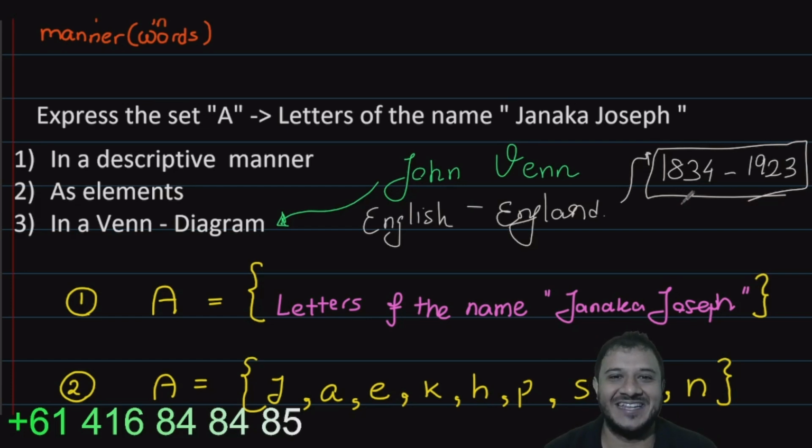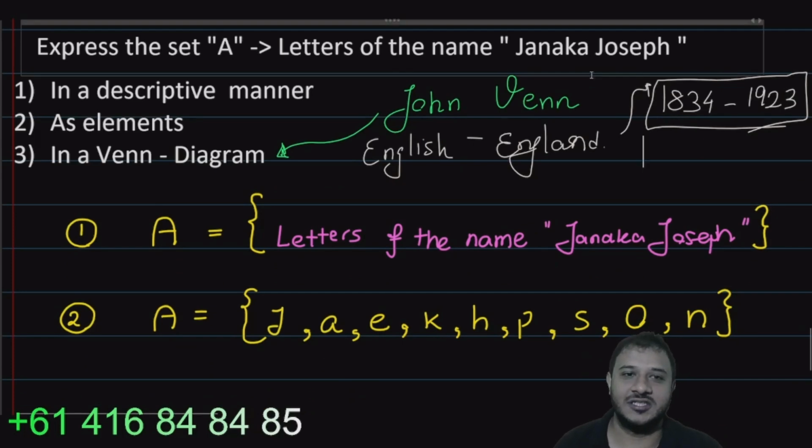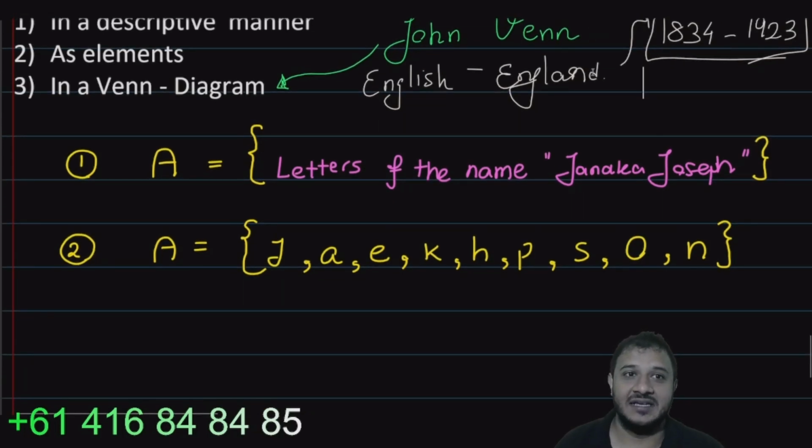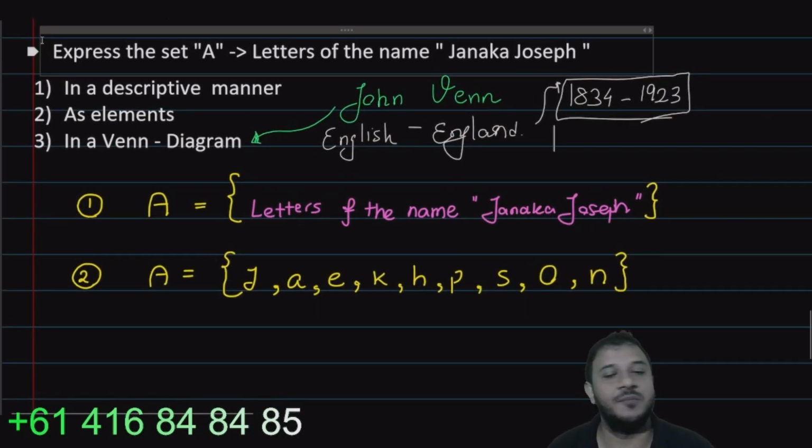Some people say that he wanted to get a knighthood. Some people say like this and that. But whatever he did, we still use it. Now it's been almost 200 years since he was born; after another 9 years, it will be 200 years. But this so-called Venn diagram system has helped us a lot to understand data, and for statistics as well, these Venn diagrams are very, very important.